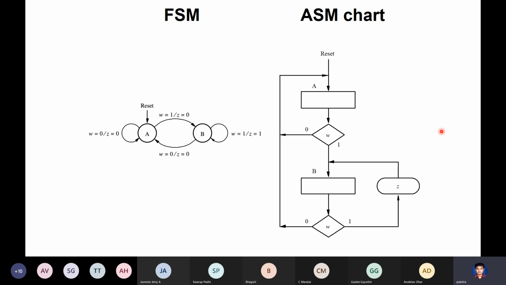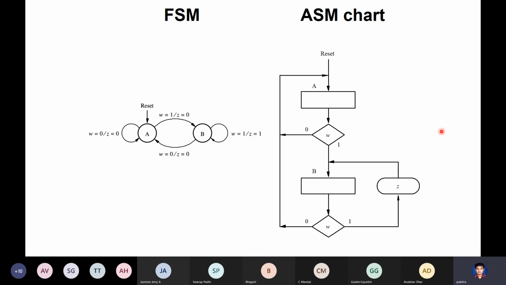This happens, then this happens, then you check this, then this happens. All I am doing in this ASM chart is just writing down this flowchart, the way I interpret the FSM. The advantage is that since I have the timing sequence here, I can easily design my data path and control path directly from the ASM.